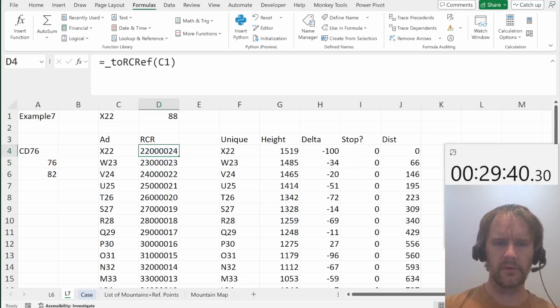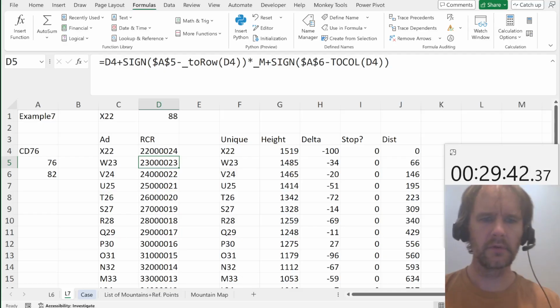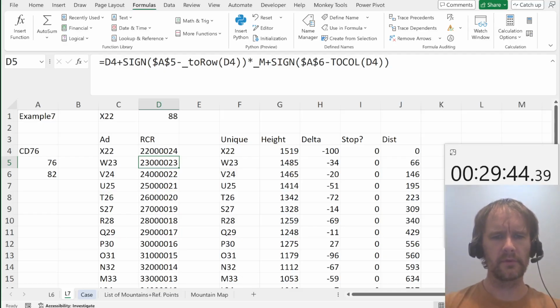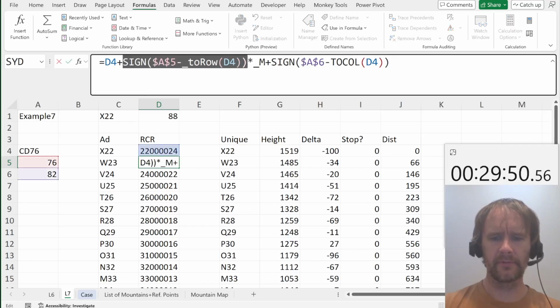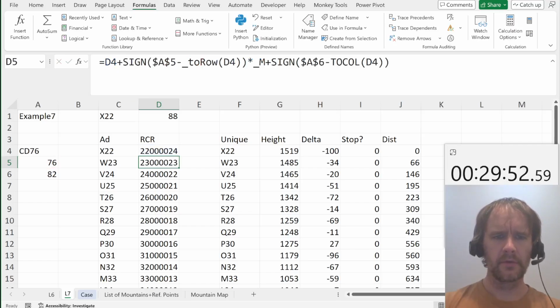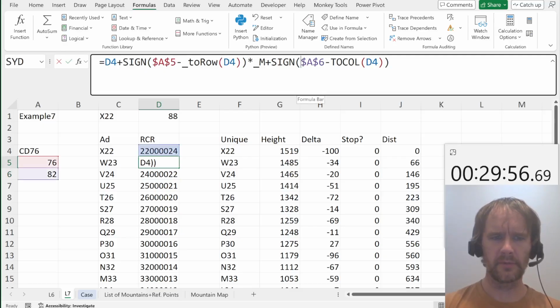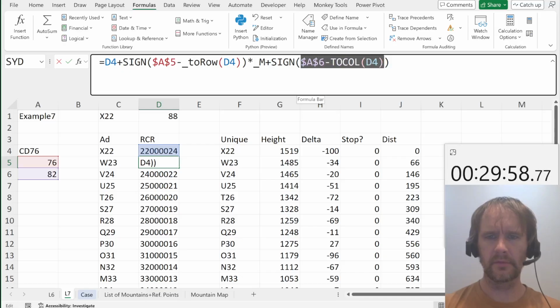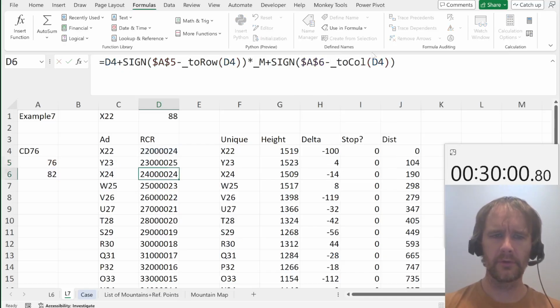So you should be increasing the column number instead of decreasing it. Okay, sorry, what is this? So increasing the row number, which you should be, but for some reason you're decreasing the column number. What? Oh, it's the wrong 2 column.